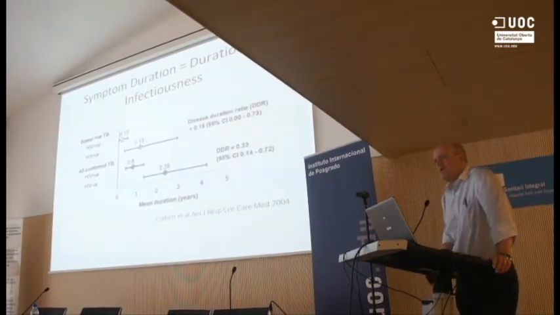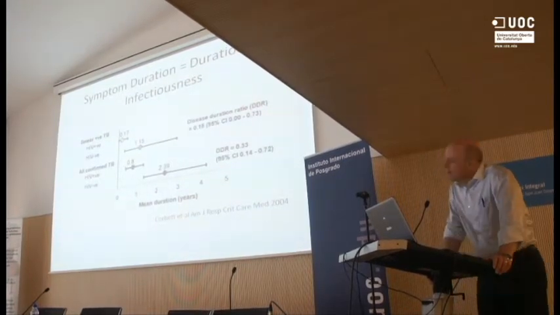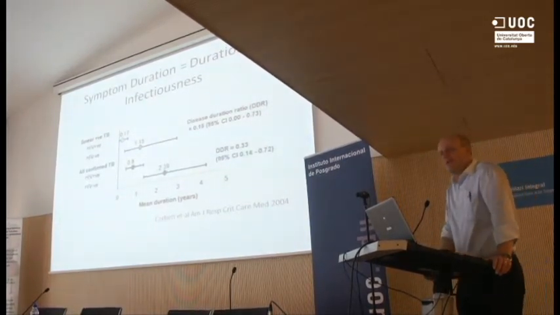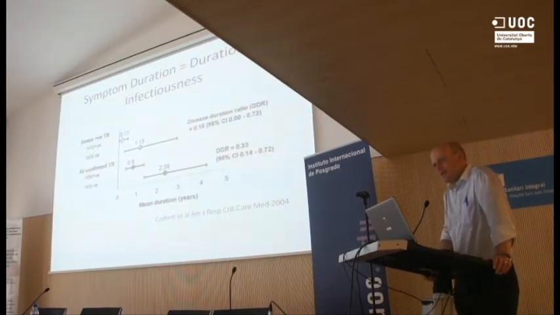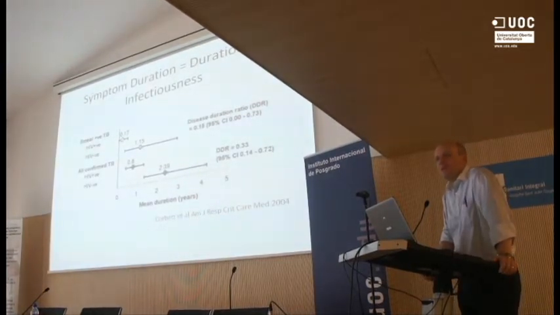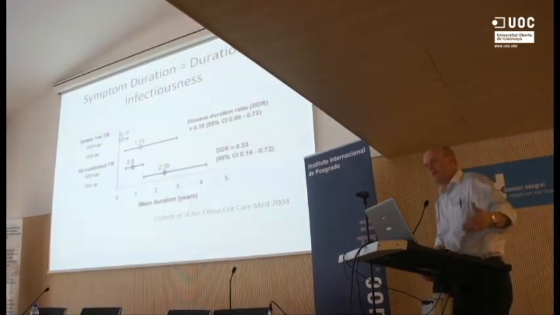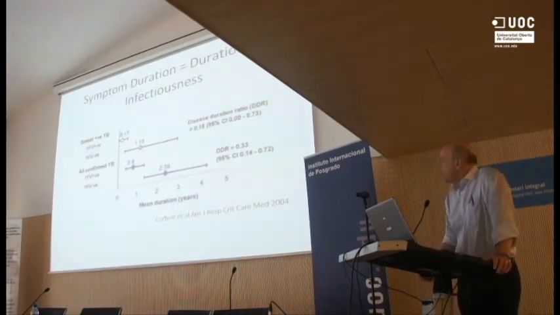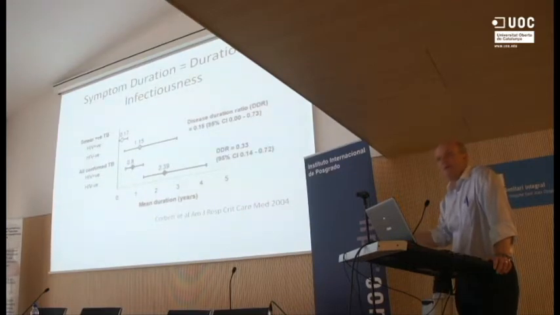So just one thing to bear in mind when symptom screening is done, and this may have a major impact on the transmission dynamics in a place like South Africa, is that people who are HIV infected have a very much abbreviated duration of symptoms. So if you're doing symptom screening to identify people with TB, then people with HIV will either die or they'll come into a hospital early because their TB is rapidly progressive.